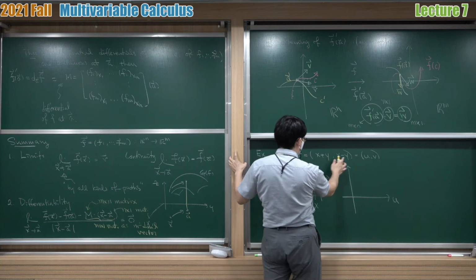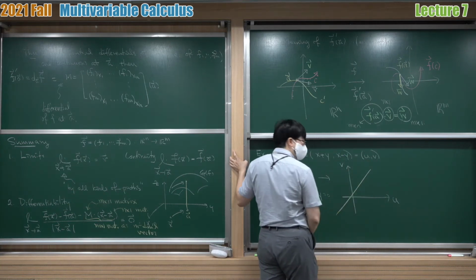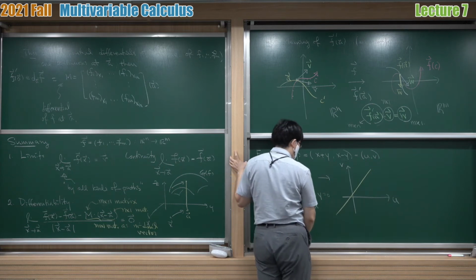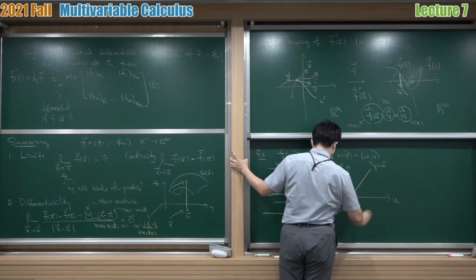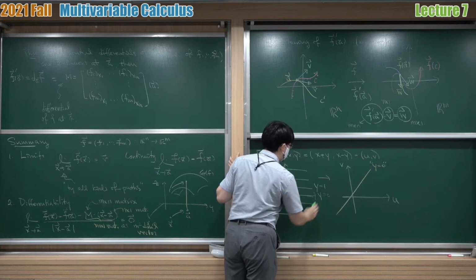Because y is 0, so (x, x) equals (u, v), so u and v are equal. So this is the line corresponding to y equals 0. Let me just put it in the same notation here. When I change to y equals 1, what happens?